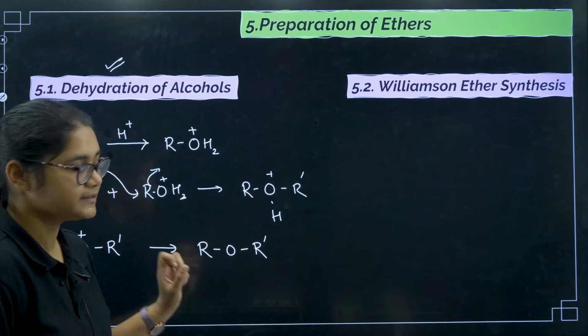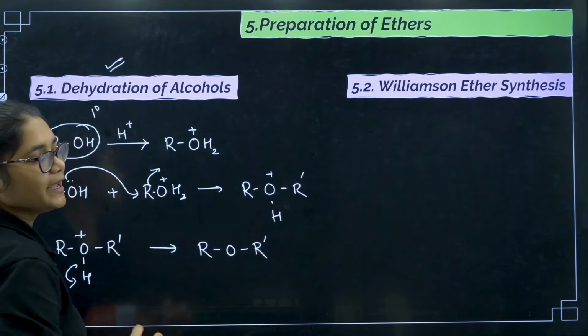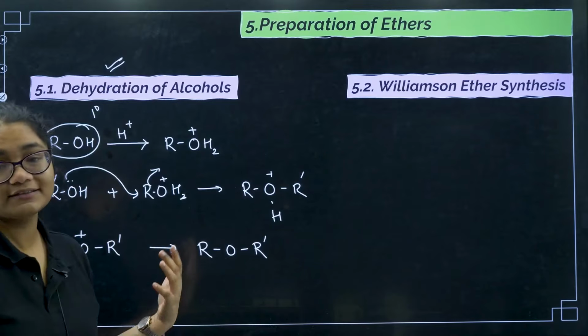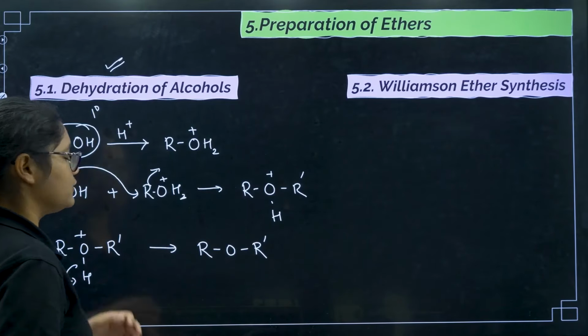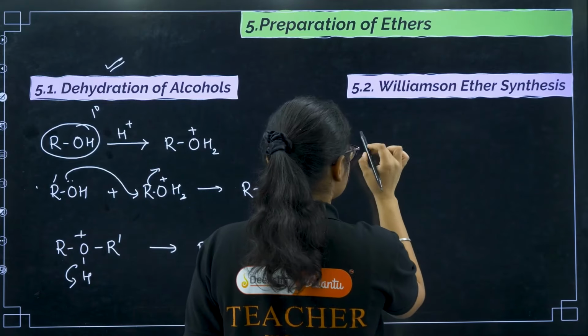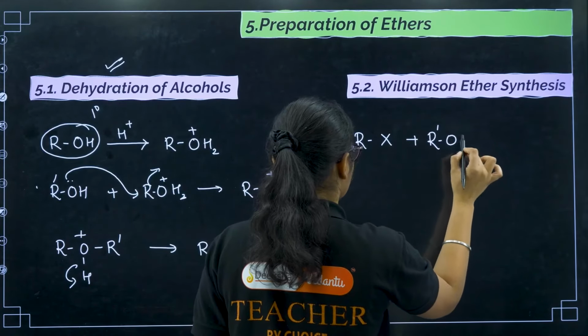So that is your preparation of ethers. Now here one thing you should remember, that this alcohol should be a primary alcohol. If you take tertiary or secondary alcohols, then you will get alkenes as the major product, not ethers. Okay, so that is there. And in Williamson ether synthesis we have RX plus R dash ONa.